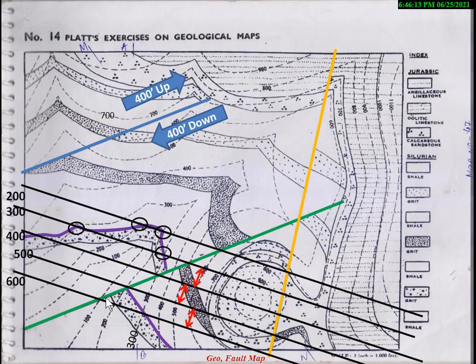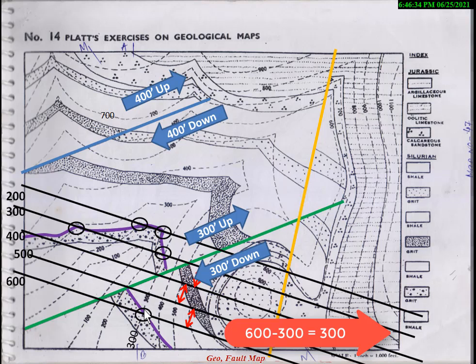This is the 600 strike line. See here. So this is 200, 300, 400, 500, 600. This 600 strike line touches here, 300. So the difference is 300. So this is 300 up throw, this is 300 down throw.